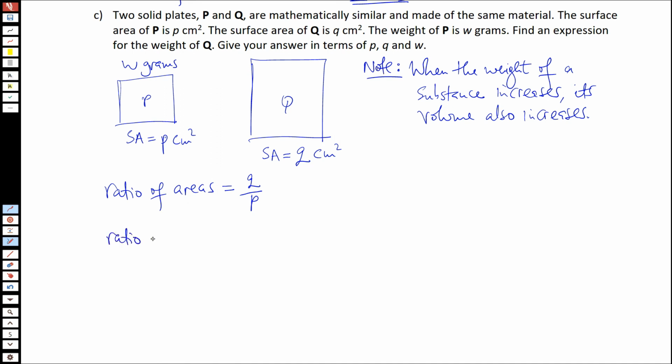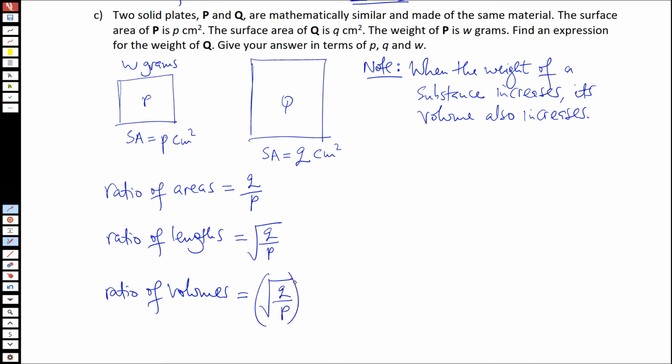From there we can find the ratio of the lengths. When you find the ratio of the lengths from the ratio of the areas, you find the square root, because the ratio of areas comes from squaring lengths, and the opposite of squaring is the square root. So it's the square root of Q over P. Then the ratio of the volumes: if we have the ratio of the lengths, to find the ratio of the volumes, you square that. So square root of Q over P, squared.